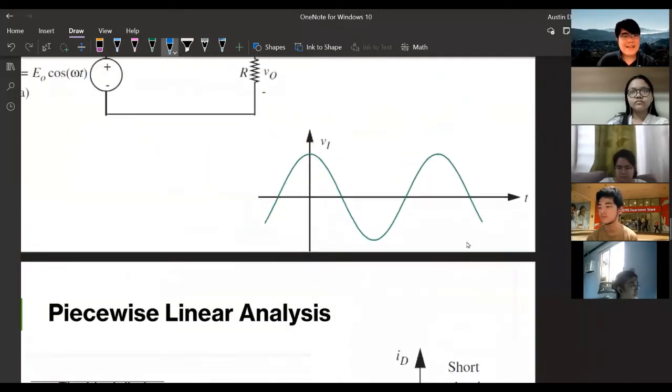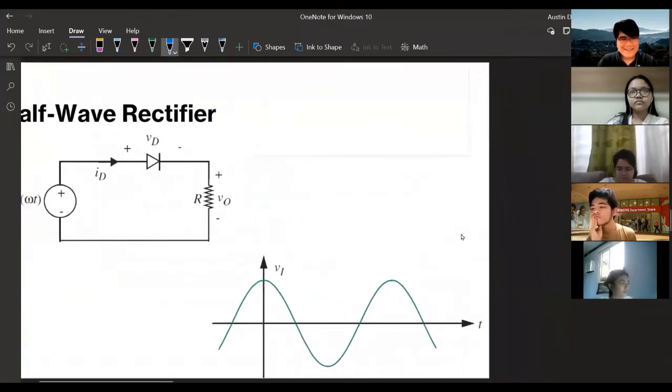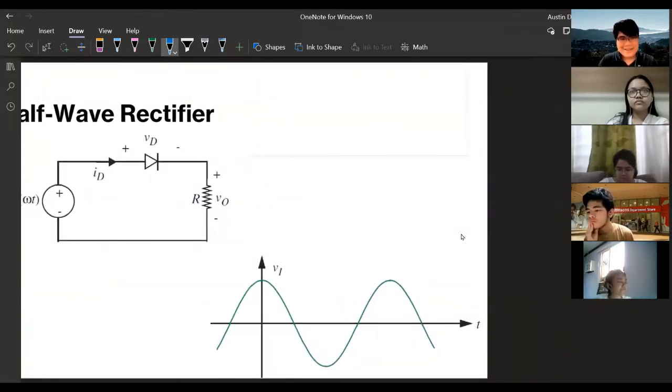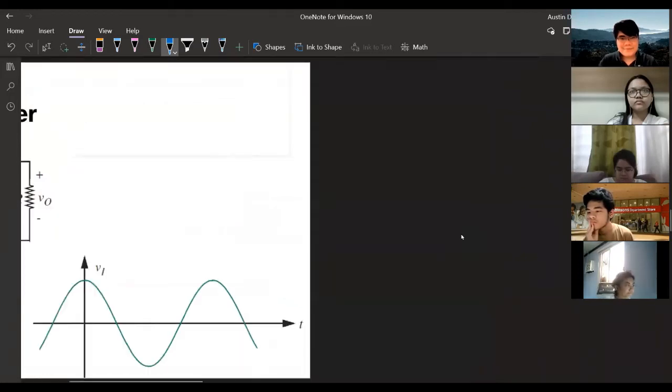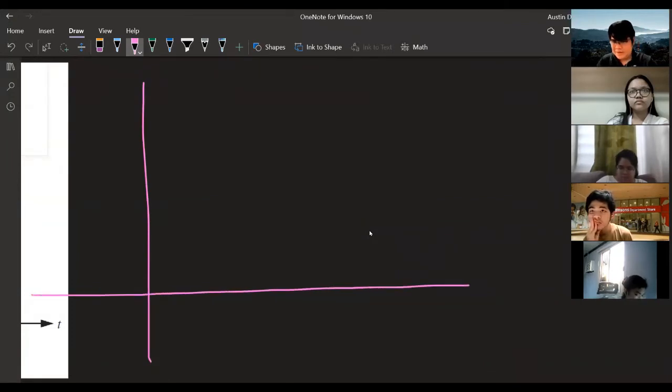Siyempre mag-graph tayo kasi hindi natin masolve yung problem. Okay. Sige, graph tayo. We need a bigger graph. Think pala lang naman. Think yung coordinate systems. VD, tapos ID.